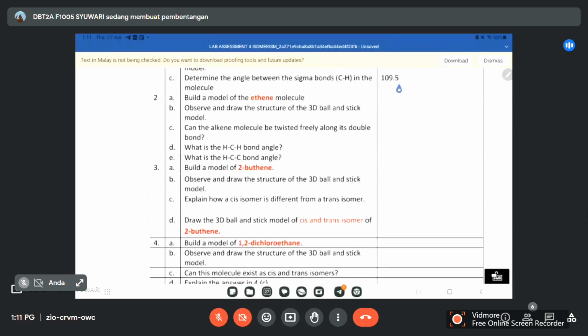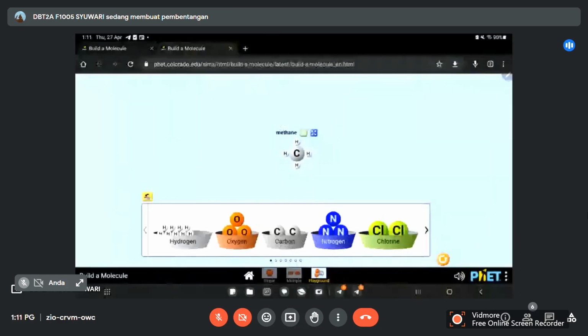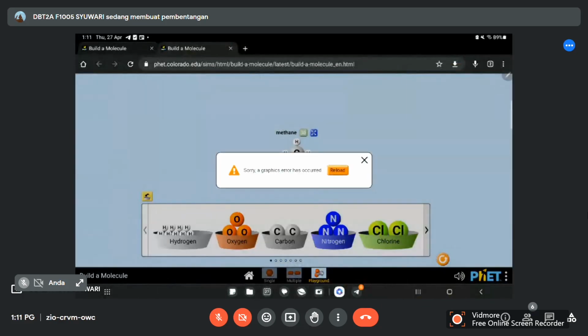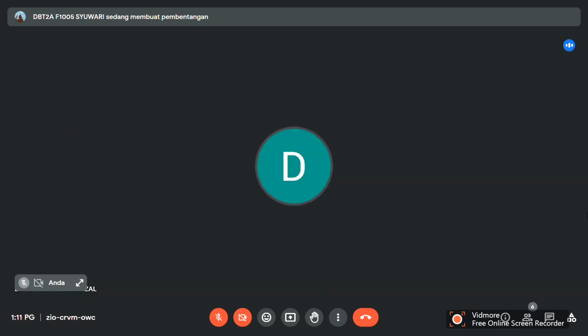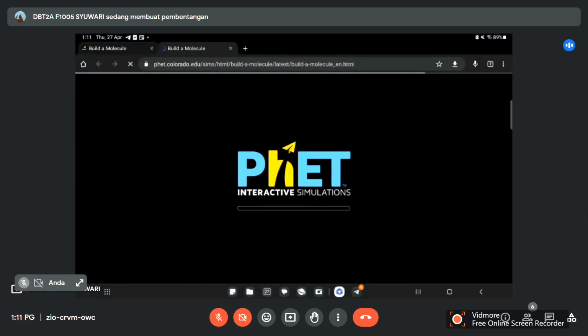2A, build a model of ethene molecule. So, guys, what kind of atom can we use to build an ethene molecule? We use two carbon and four hydrogen. Wait, we have a technical issue again.